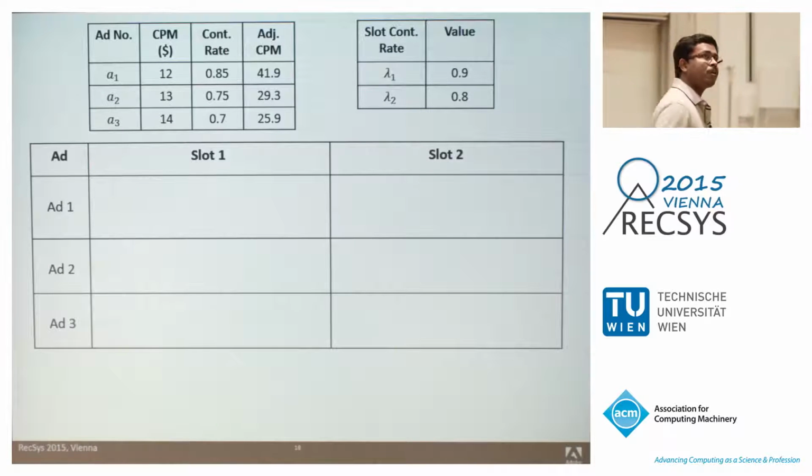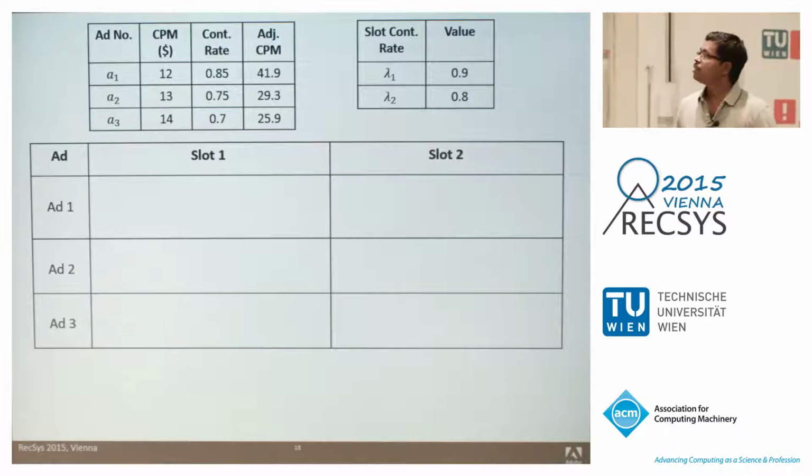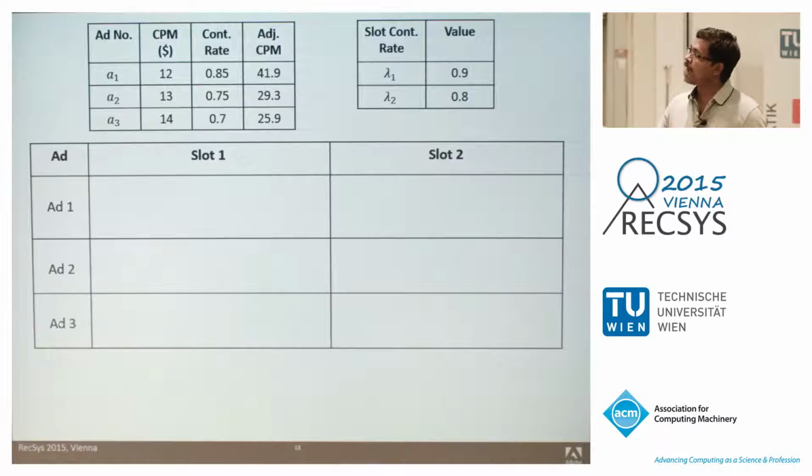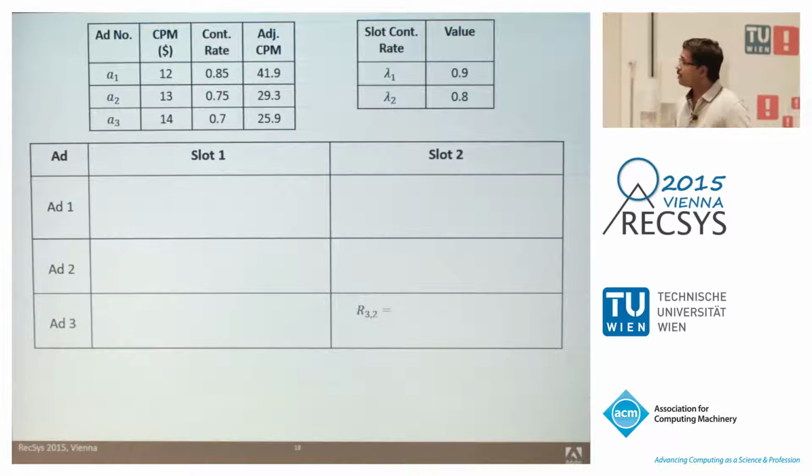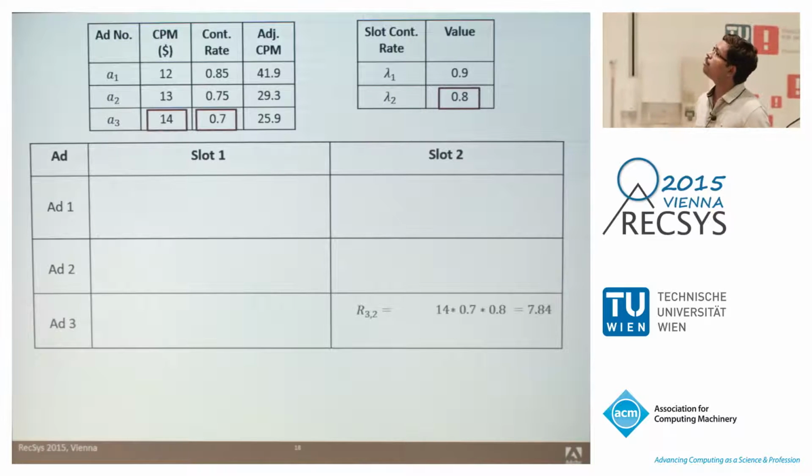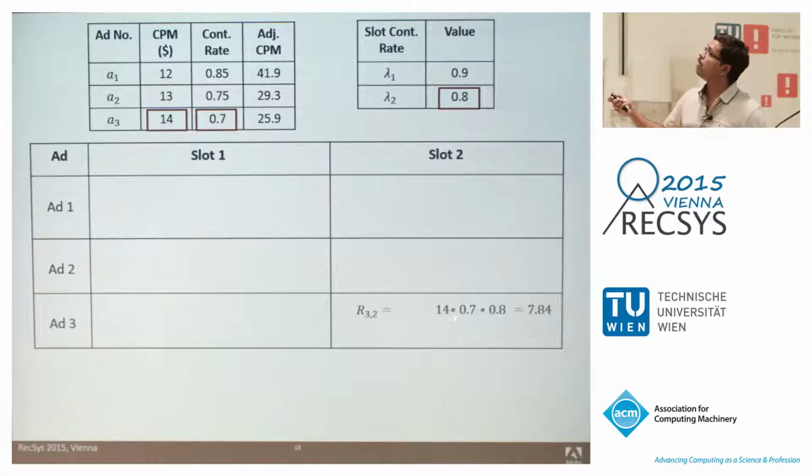In the dynamic program, we use a backward recursion. So we start with the 3rd ad. We consider the 3rd ad in slot 2 and try to find the revenue. If you consider the 3rd ad in slot 2, you get the revenue from the revenue calculation I showed you before: price times continuation times slot-specific continuation.